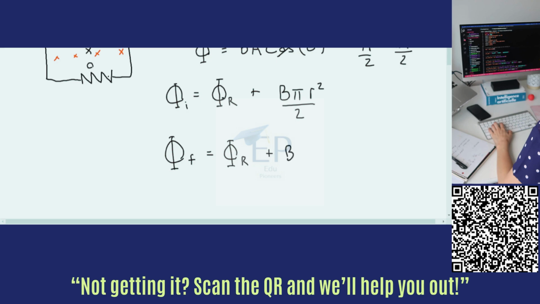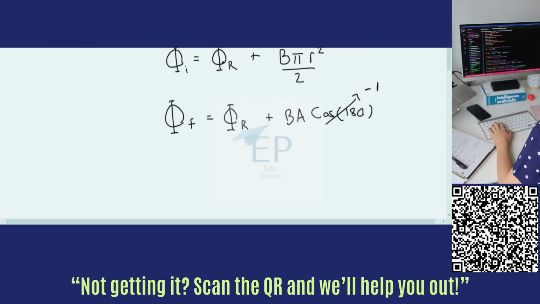So this would be B times A times the cosine of 180, which the cosine of 180 is -1. And again, the area is just 1/2 pi r squared. So we'd end up with big phi of the rectangle minus B pi r squared over 2.